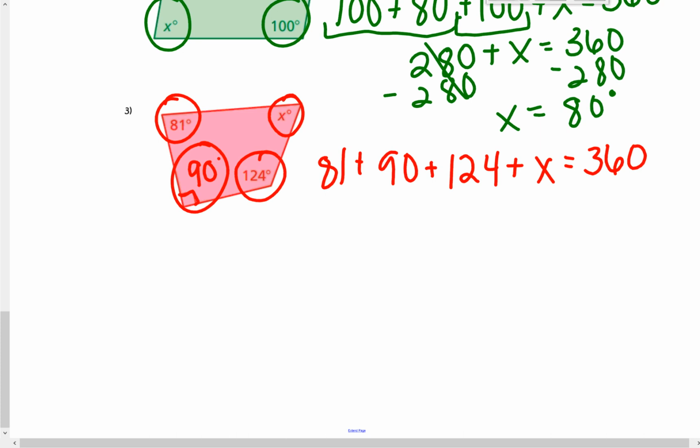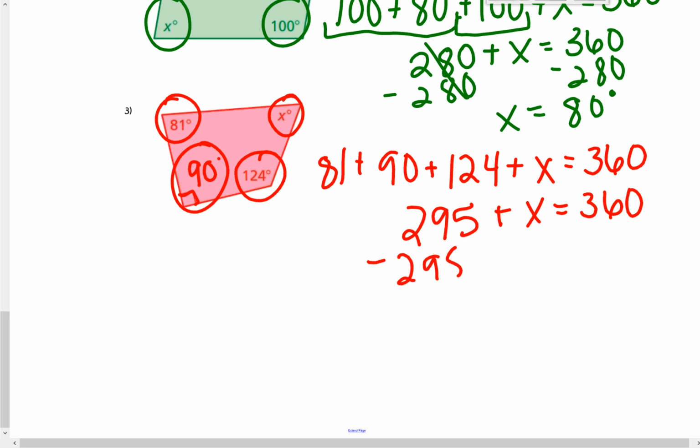So we're going to add 81 plus 90, which is 171, plus 124, which gives us 295, plus x equals 360. Last step, and then we're done. Subtract 295 from each side. We get x is equal to 65 degrees.